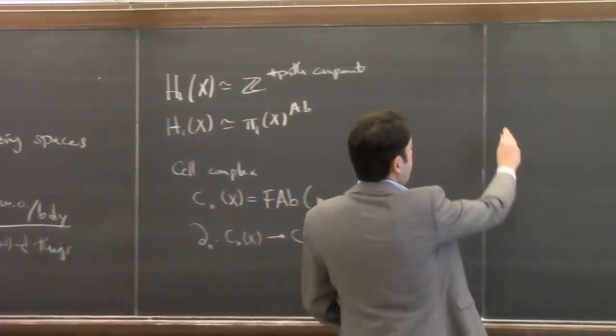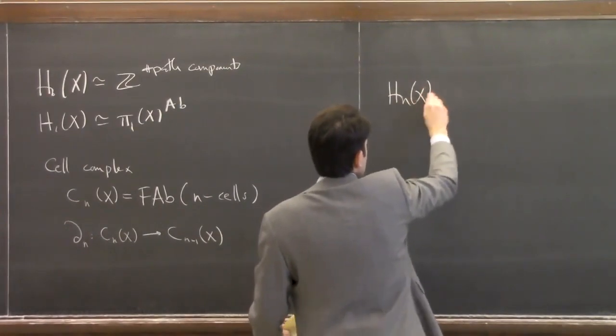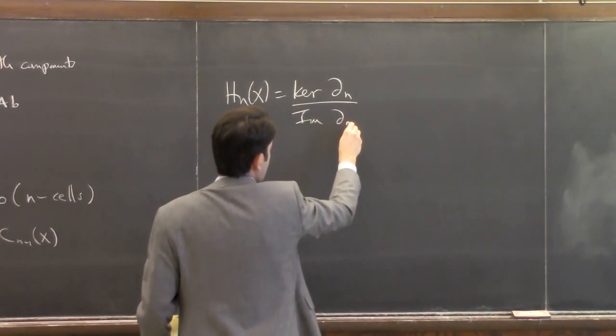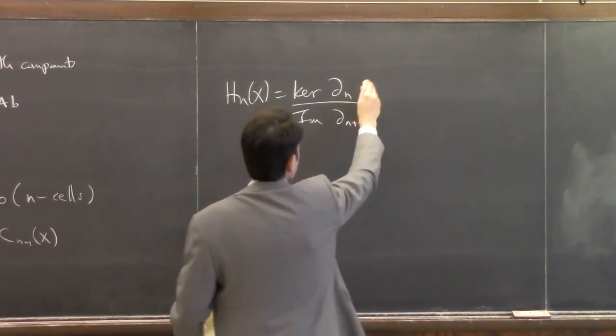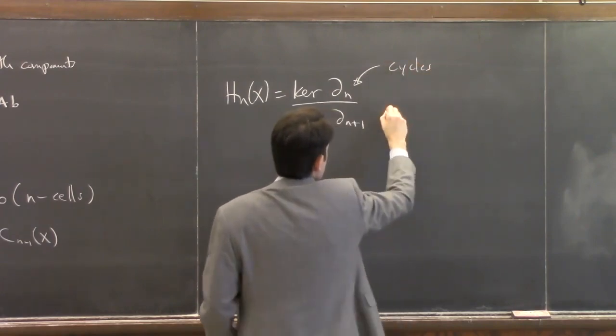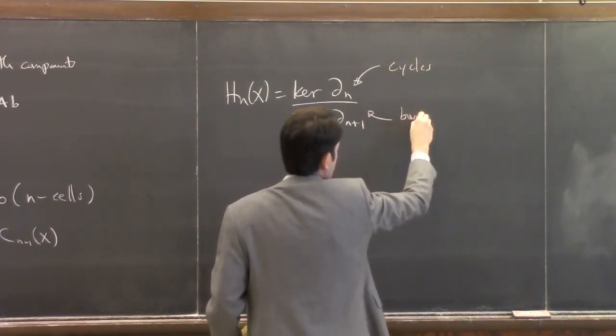And the homology group was then the kernel of the n mod out by the image of the n plus 1. Right, so we're going to call these cycles and these boundaries.